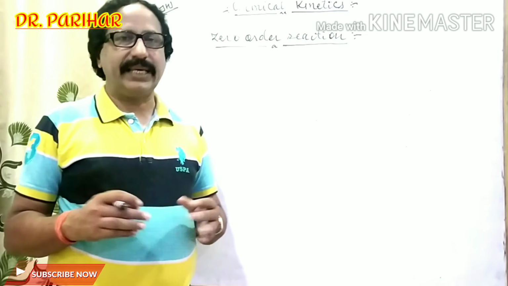Likewise, decomposition of HI into H2 plus I2 is also counted under zero order reaction. Its order is also 0. Right? After the examples, now we are going to explain its kinetic equation.